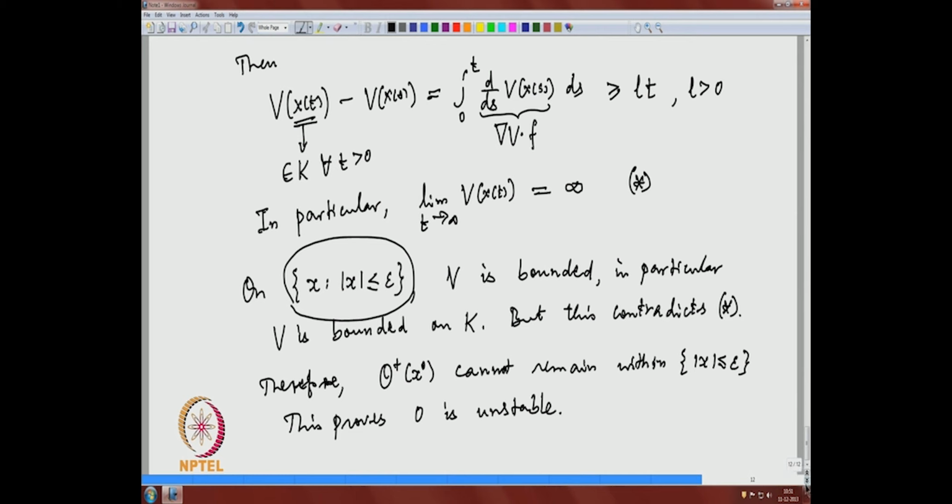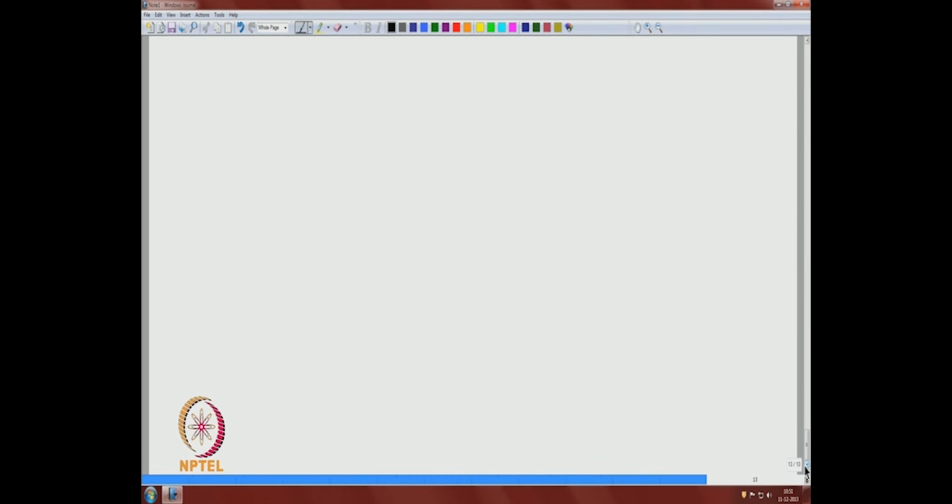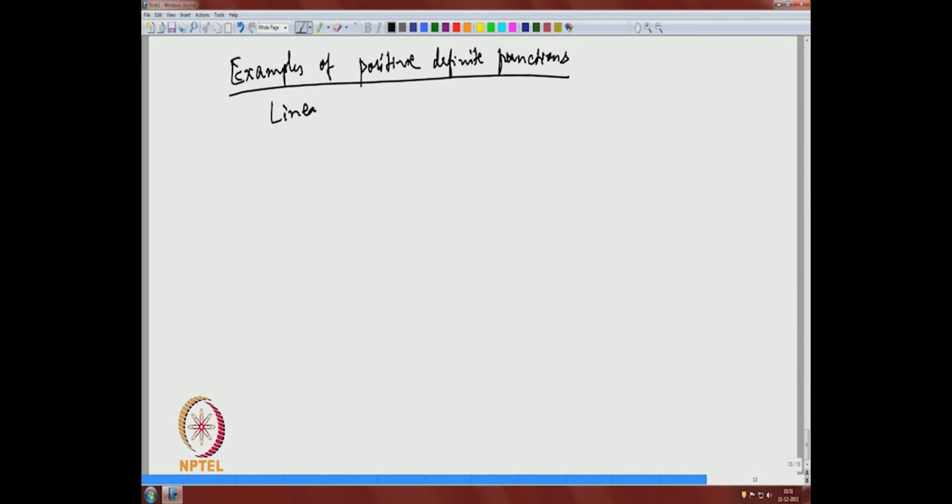Okay, this we will discuss even in the next class. So, examples of positive definite functions or negative definite functions, because we have not seen any thus far, and again these come from linear algebra. Okay, we will see in the next class.